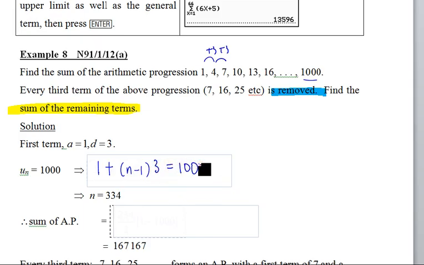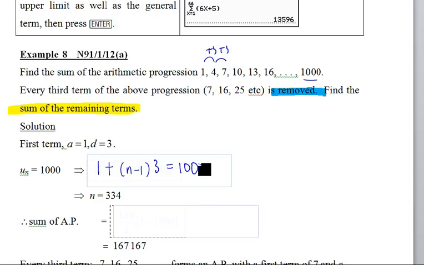Now let's be very clear, I don't want to make mistakes. So n is 334, that's 334 terms. Now you want to remove every third term. And you can quite easily observe that the third terms follow another arithmetic progression, right? It's quite obvious. The common difference is now 9.